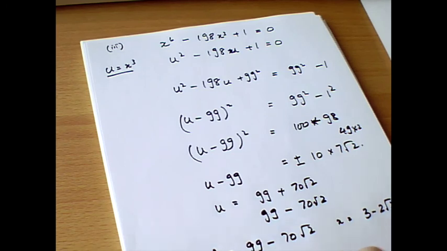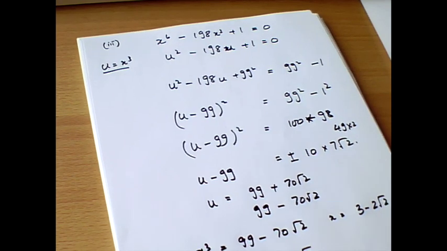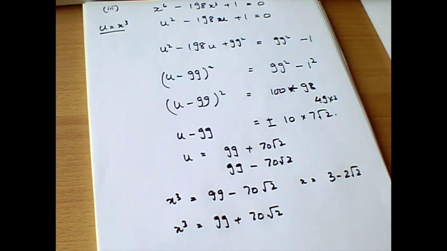If, on the other hand, x cubed is equal to 99 plus 70 root 2, we don't need to go all the way back and do all the algebra again. It should be quite obvious that x will be equal to 3 plus 2 root 2, and the question is complete.